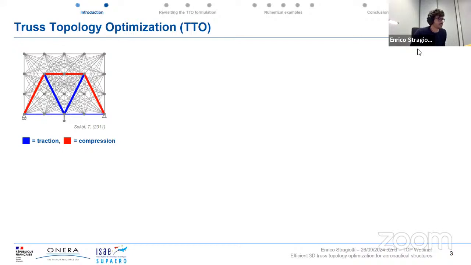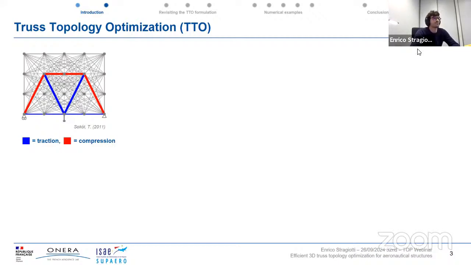I won't go again into the details of how truss topology optimization works, but the idea is just that it's based on the ground structure, here in gray. The idea is that we want to size the struts of this ground structure in order to sustain the load that we give.